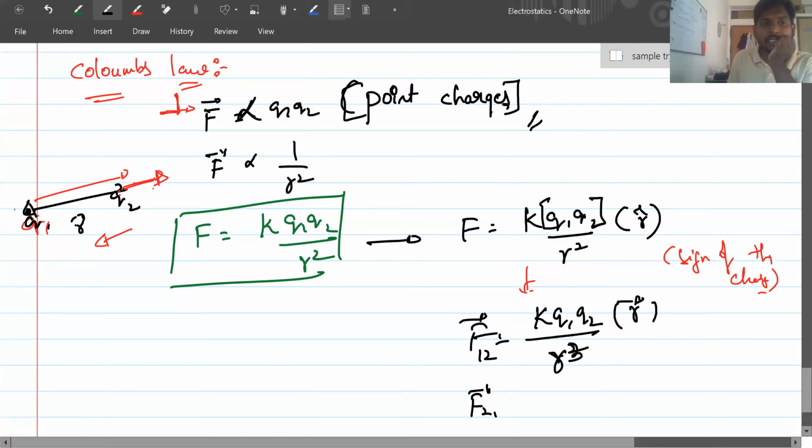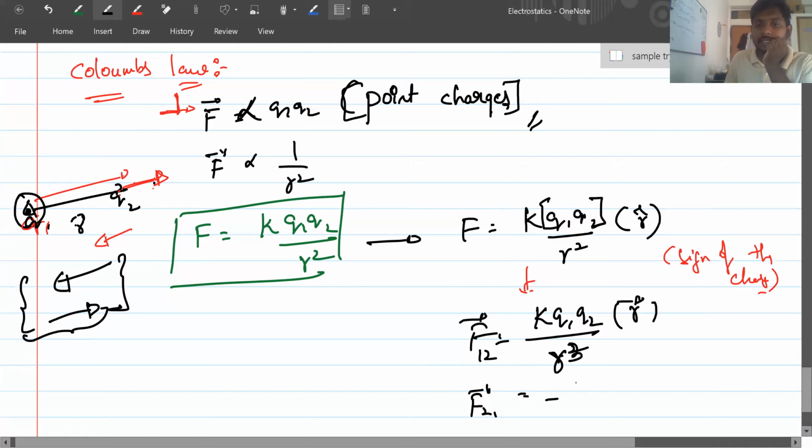If the first charge is attracting the other body, the force will be like this. The second charge also will attract the first body, and that force will be like this. Both are in opposite directions, so F21 is equal to minus F12. But magnitude wise, both are the same.